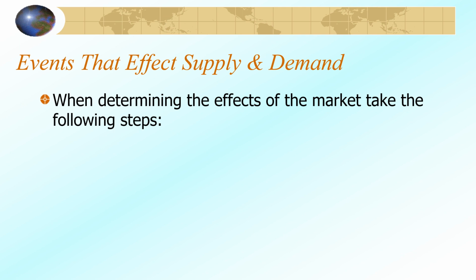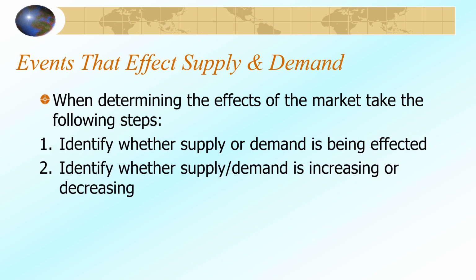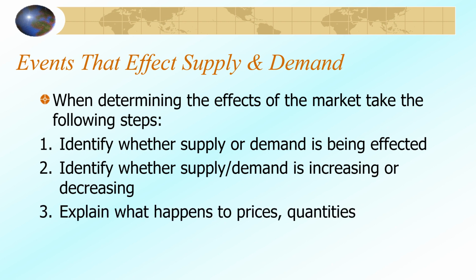Now, again, when doing these scenarios, it's really important first to identify who is being impacted primarily, buyers or sellers. If it's going to be buyers primarily affected by the event, then demand is going to be the one shifting. If sellers are the ones that are most directly impacted by the event, then it's going to be the supply curve that's shifting.